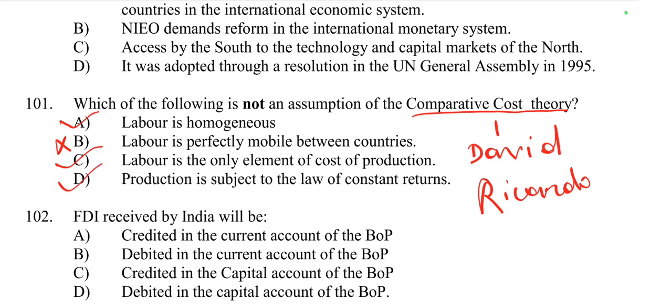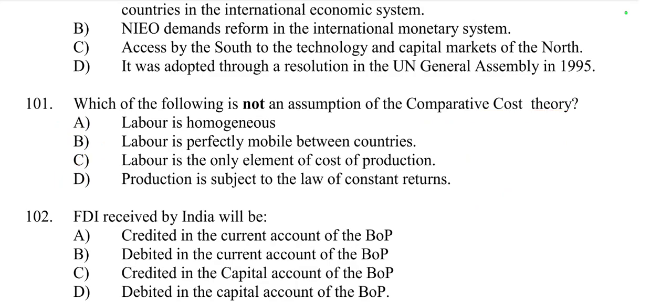Yes, this is also right. This implies that the production function is linear, meaning double the input will double the output. So it assumes that the cost of production remains constant as output increases. Options A, C, D all are right according to comparative cost advantage. But option B is incorrect here. So the right answer is option number B.